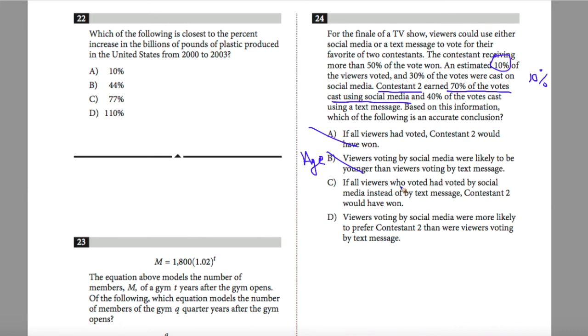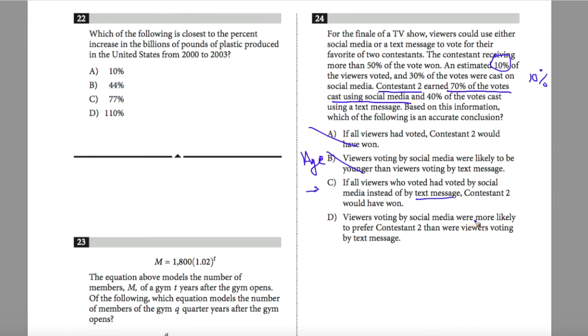If all viewers who voted had voted by social media instead of by text message, contestant 2 would have won. Well, he was already the heavy favorite in terms of social media, and got 40% of the votes cast using text. You don't exactly know. It could be C, perhaps not. It's not really direct enough in terms of what they're giving you.